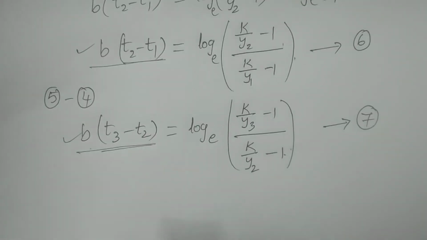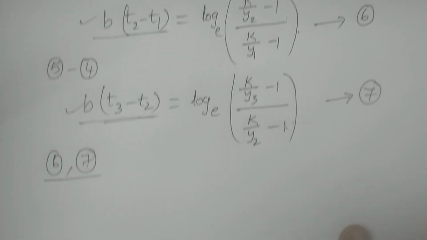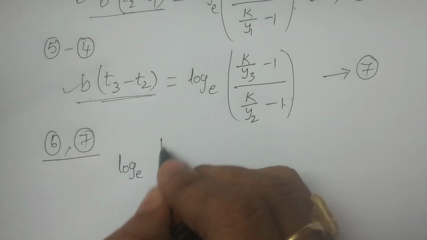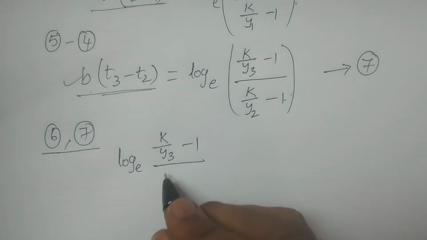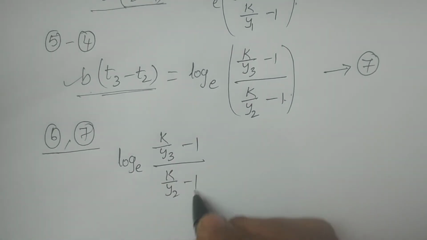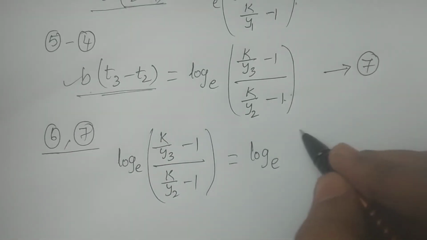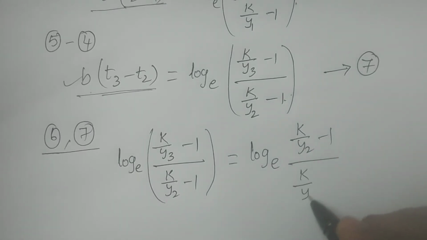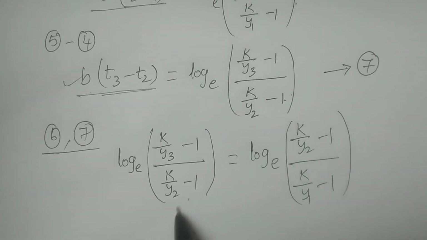Therefore, from 6 and 7, from these two equations, we can specify that log to the base e of k by y3 minus 1 divided by k by y2 minus 1 is equivalent to log to the base e of k by y2 minus 1 divided by k by y1 minus 1. Which implies these two are equal: log a is equal to log b, therefore a is equal to b.